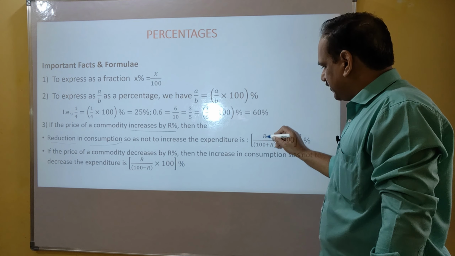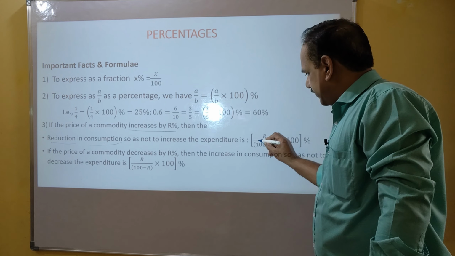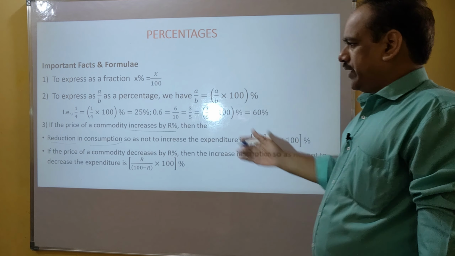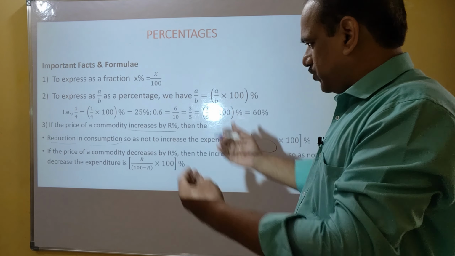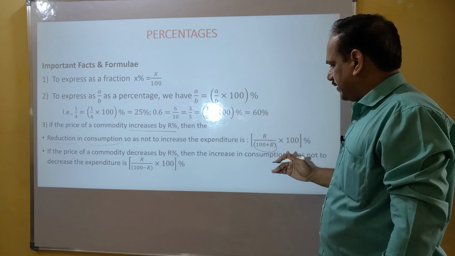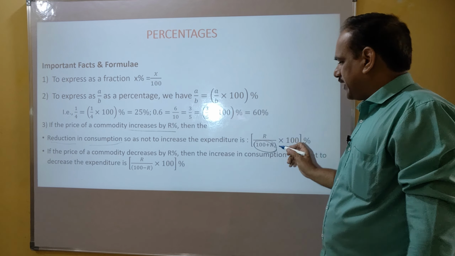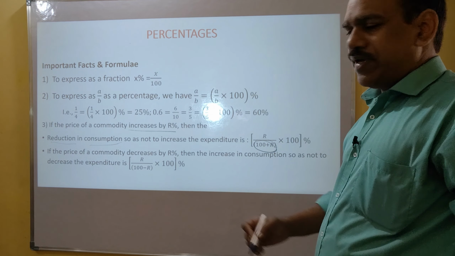If you want to reduce the consumption, the answer should be less, so the denominator should be more. So it is 100 plus R. You can remember it like this.